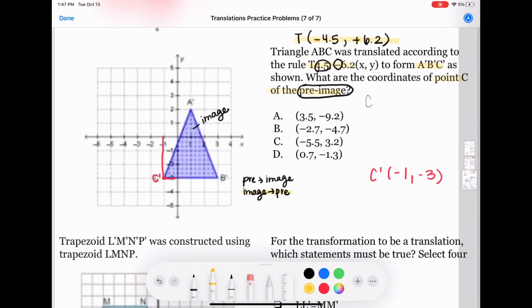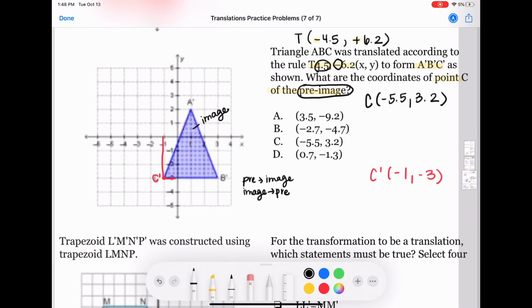So we would take -1 and subtract 4.5 to get -5.5, and we would take -3 and add 6.2 to get 3.2.